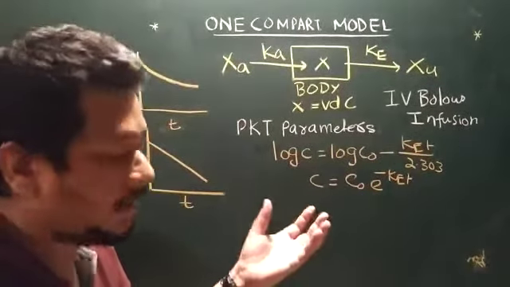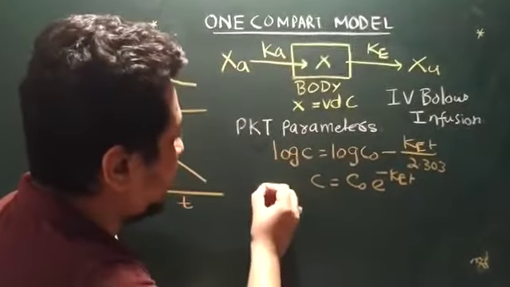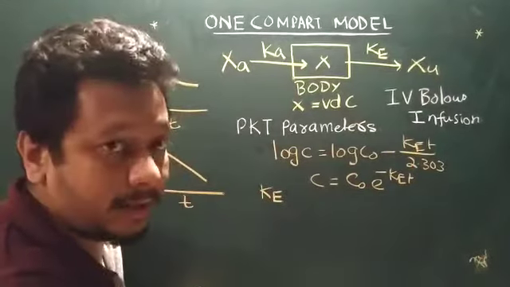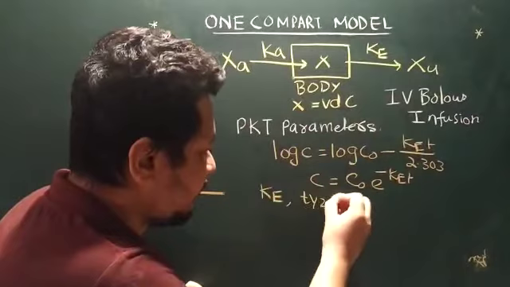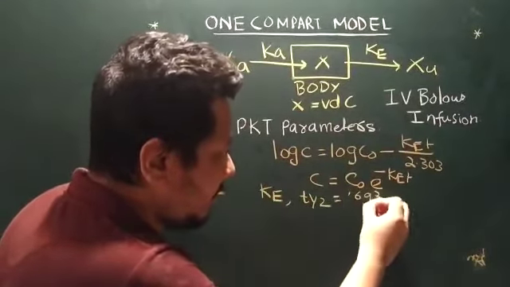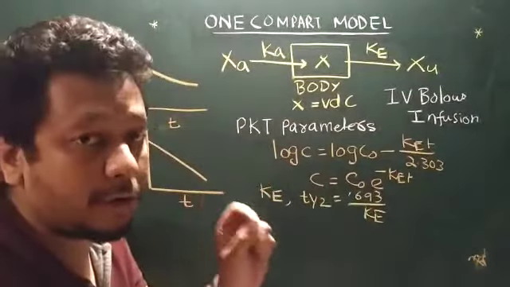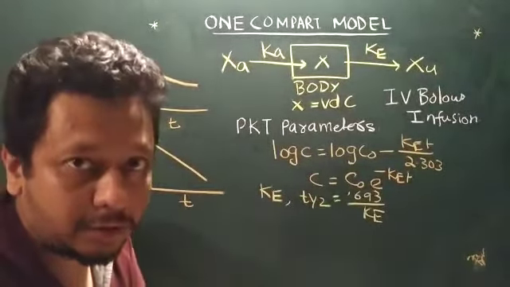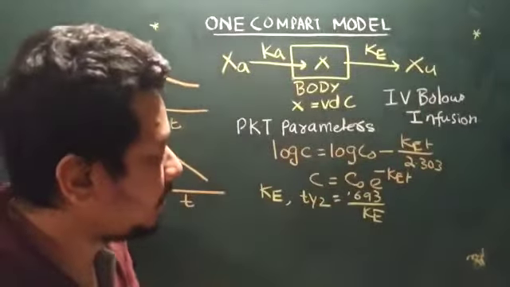So what is the role of this equation? It is nothing but to find out Ke, the first pharmacokinetic parameter. The moment we find Ke, we can find the second pharmacokinetic parameter, T half, which is 0.693 upon Ke. So we are estimating the pharmacokinetic parameters of drugs with the help of biopharmaceutics. Now I have given an IV bolus and got the T half.